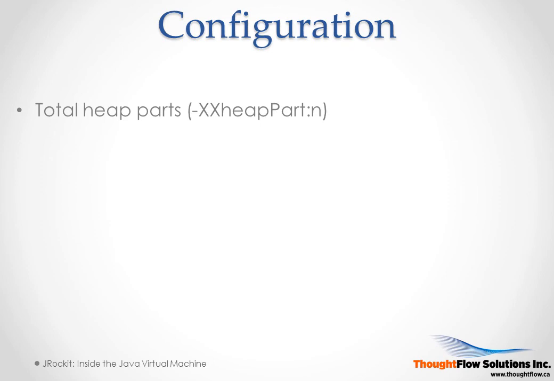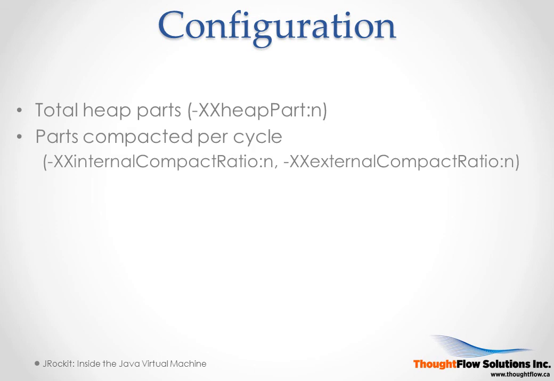Now, when you actually configure this compaction, you could use the heap parts option and say that you have 1 gig of memory, and you would say that you have 1024 parts. That would mean that each part is 1 meg, for example. Just use a round number. To determine how many parts are compacted per cycle, this can be specified with two flags, the internal compact ratio and the external compact ratio.